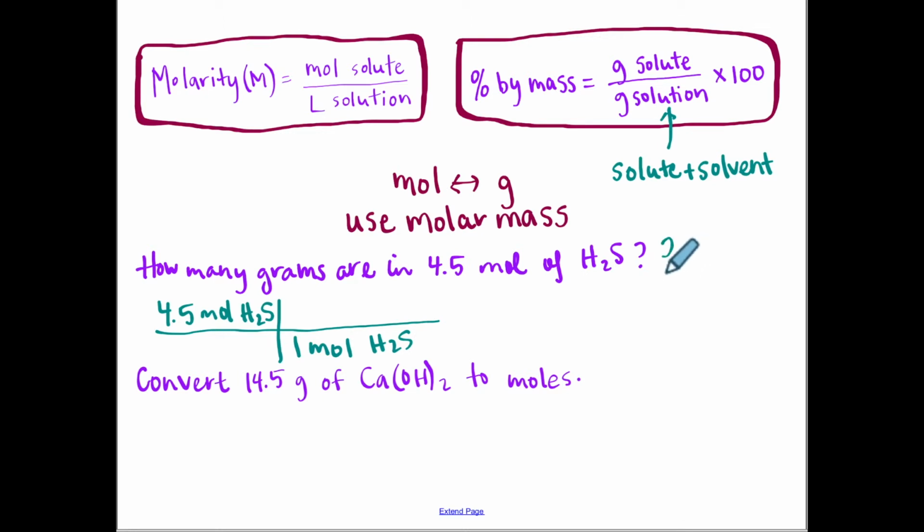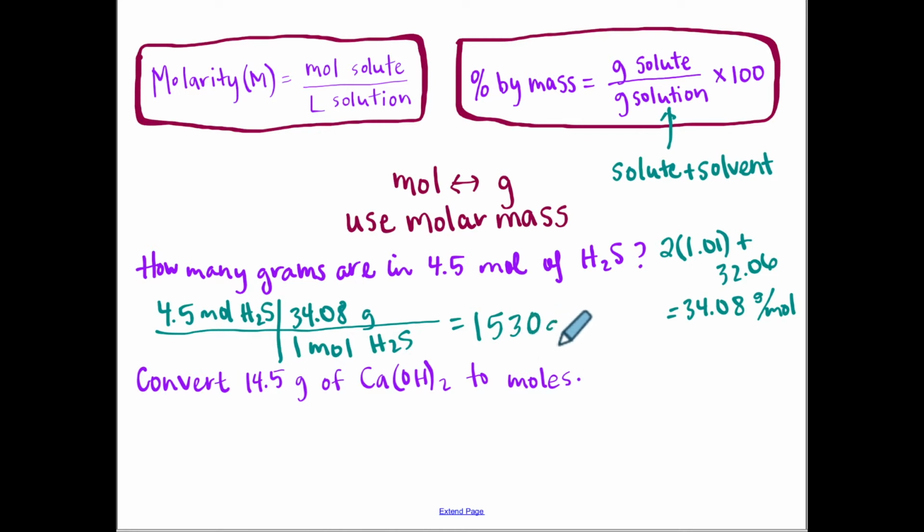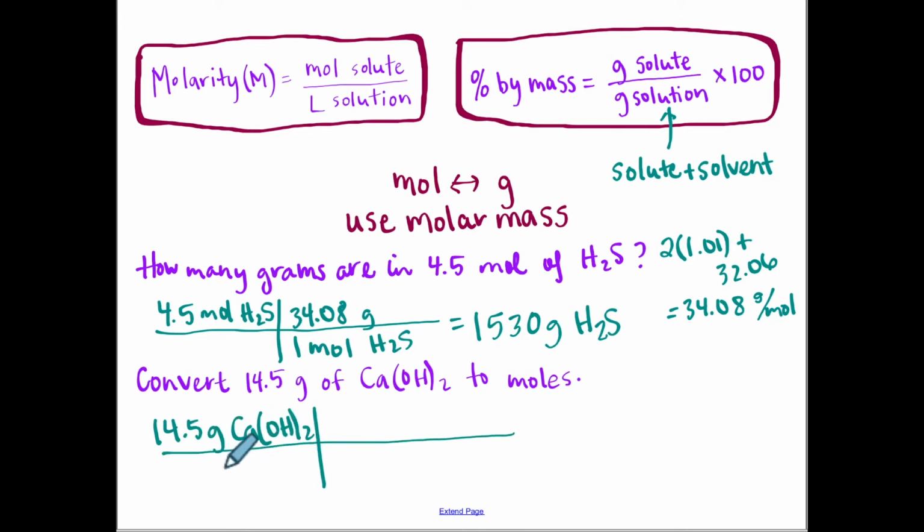So we would take 2 times the mass of hydrogen from the periodic table, 1.01, plus 32.06, and we would get 34.08. And we would put that up here. 34.08 grams is equal to 1 mole. We would get 1530 grams of H2S.